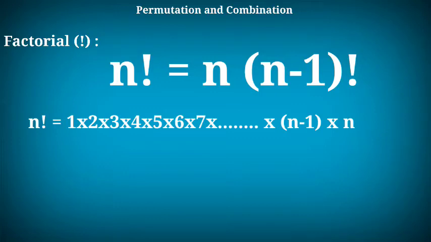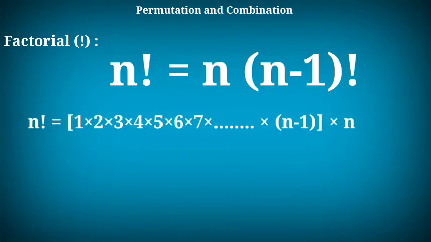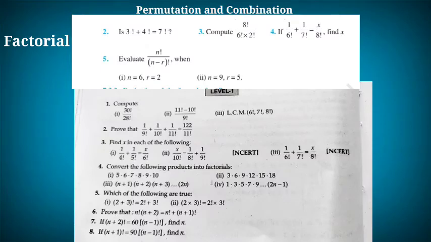So, from there we separate our n and the rest, n minus 1 numbers. The product of n minus 1 numbers will form n minus 1 factorial according to the definition of factorial. So, it can be written as n into n minus 1 factorial. Here is a worksheet to solve for a good understanding of the concept of this factorial.